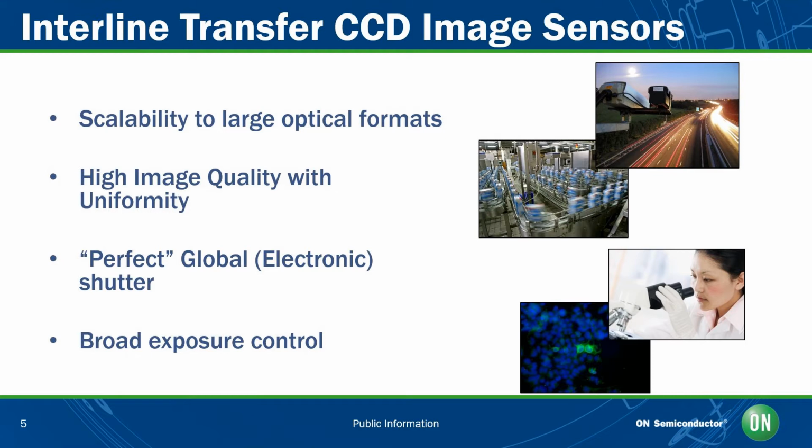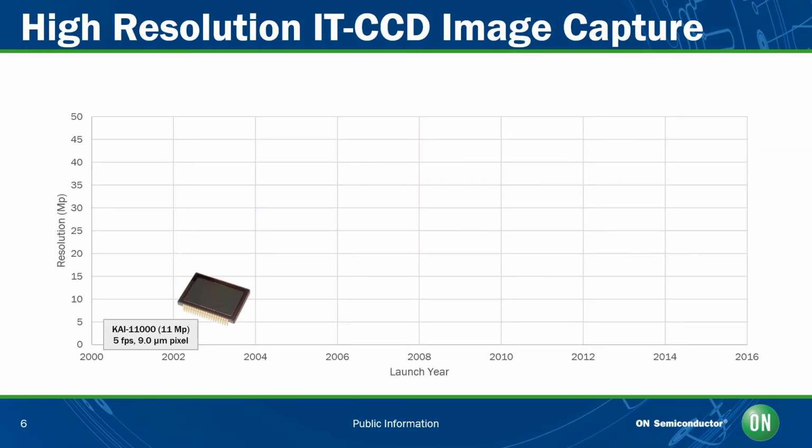The technology provides essentially a perfect global shutter for the capture of moving objects without the introduction of imaging artifacts, and broad exposure control enables a wide range of exposure conditions to be supported, including exposures less than a few microseconds or longer than 1 second, which can be vital in some applications.